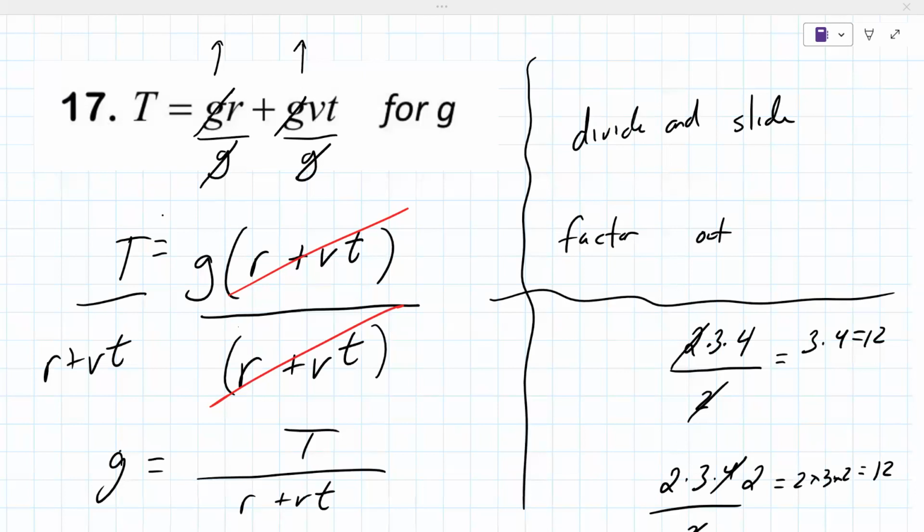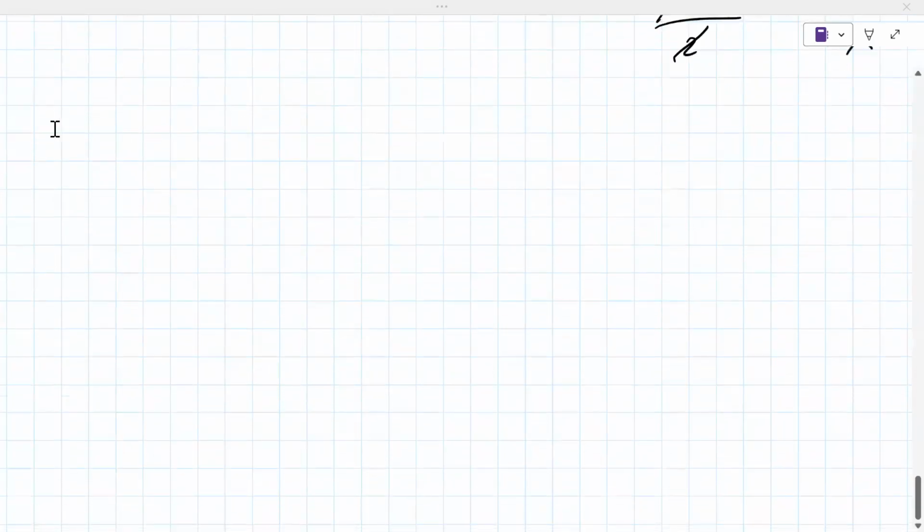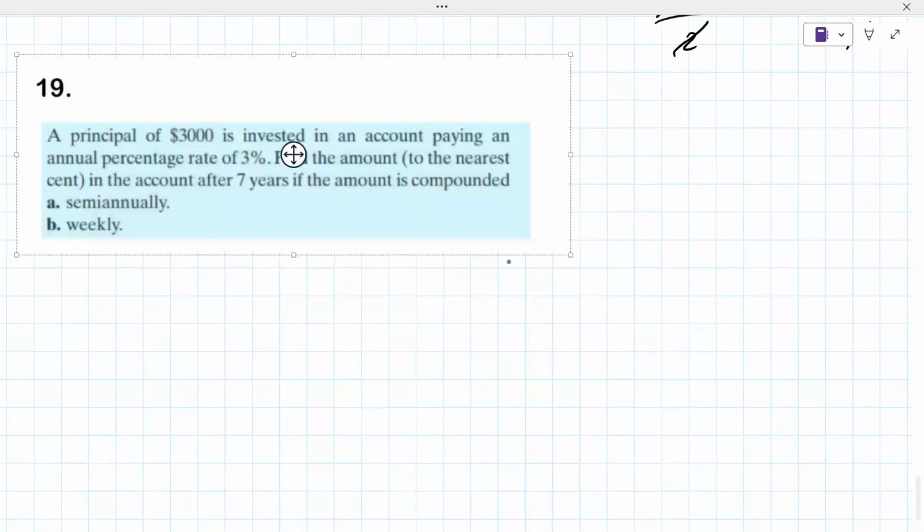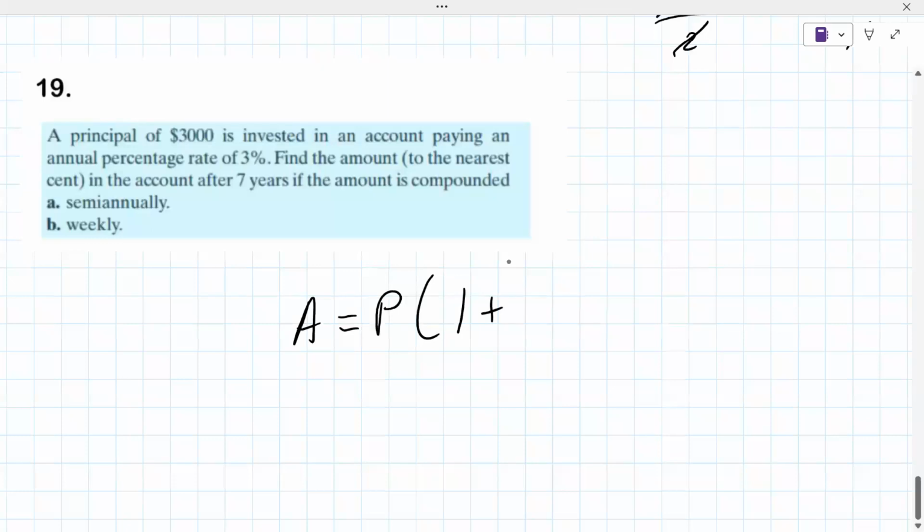We started doing problems like this in one of our first lessons, where there's a formula for interest that you have to know. I'll put it up on the screen again. The future amount is the starting amount times 1 plus the interest rate divided by the number of compounding periods, raised to the number of compounding periods times t.